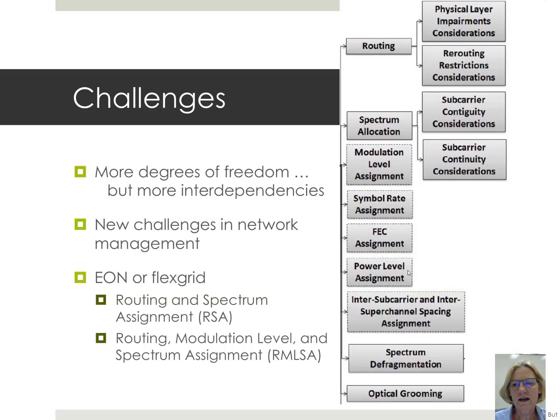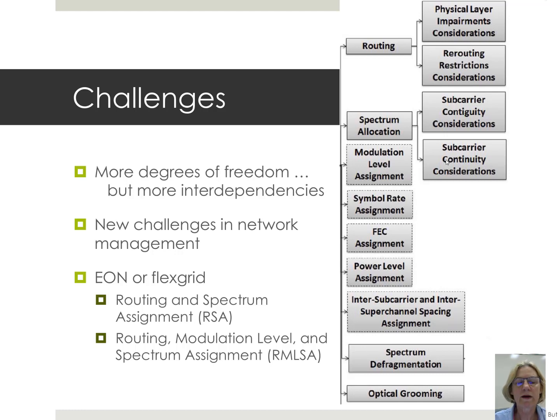And in this block diagram, we can see how these greater degrees of freedom give you a lot of challenges in network management. So in the routing alone, we have to worry about physical impairments. In the spectrum allocation, we have to worry about whether we need to have contiguous carriers, what penalty we might be taking by separating the frequencies.